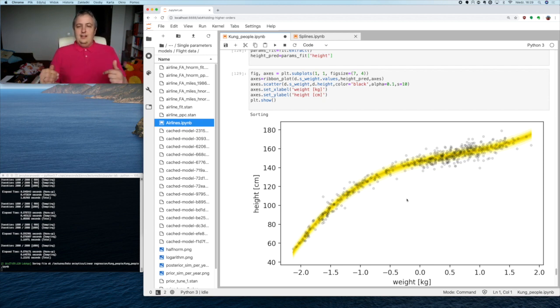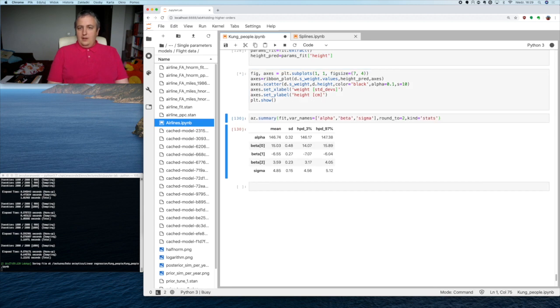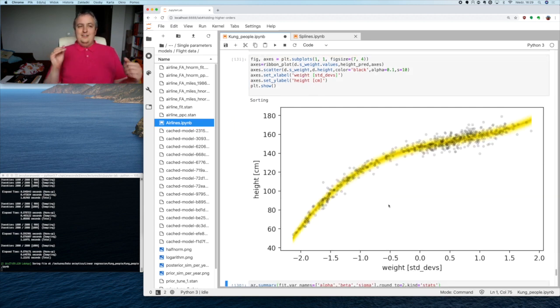Of course, this should be standard deviations. Sorry. This model is not a causal model. This is a predictive model, one that allows us to predict height using the weight. We cannot infer the heights from weight.